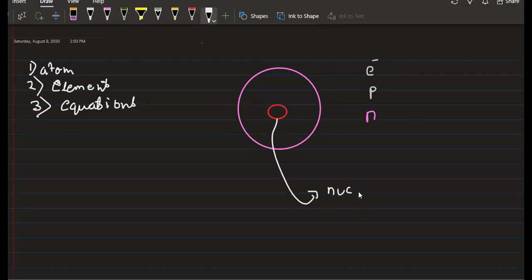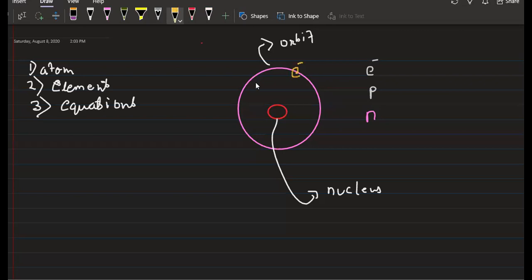Yes, nucleus, right? Now, this is your orbit, right? As we have Earth in an orbit which revolves around the sun, in the same way, this is the orbit. What is there in the orbit?